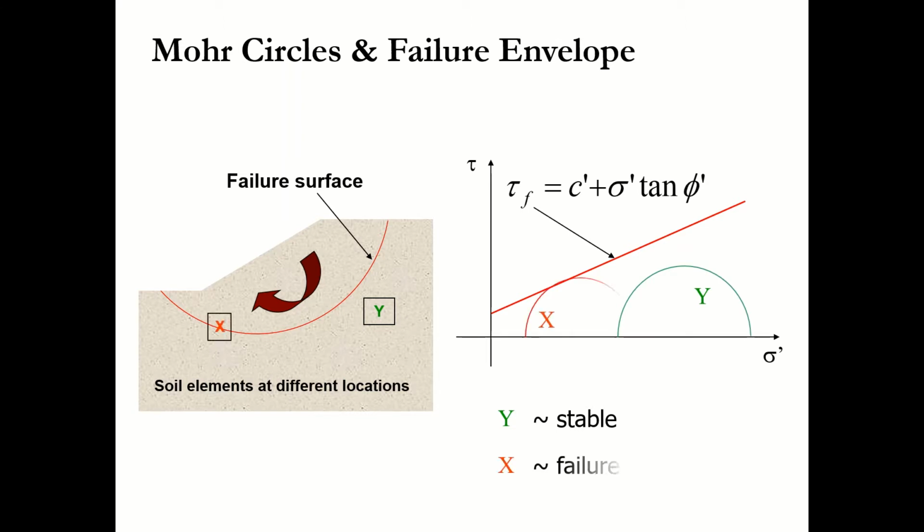If we collect a soil sample from point X, then the Mohr circle of that point will touch the Mohr-Coulomb failure line, because we have collected the soil sample from the failure surface. So from the Mohr circle and failure envelope, we can get an idea whether the soil sample will be stable or will fail.